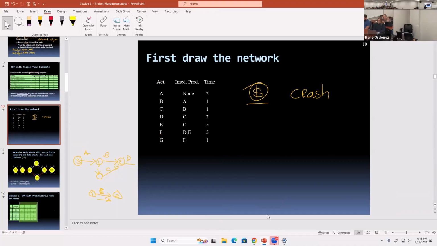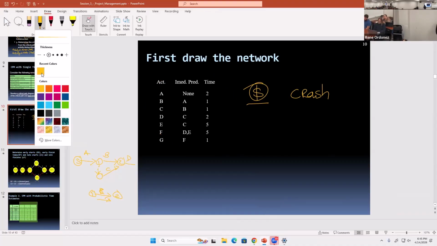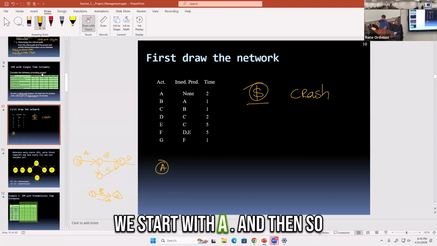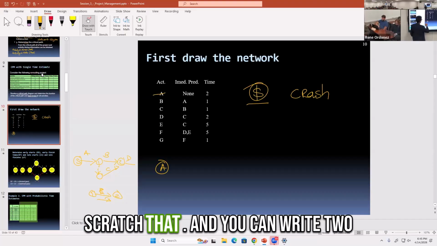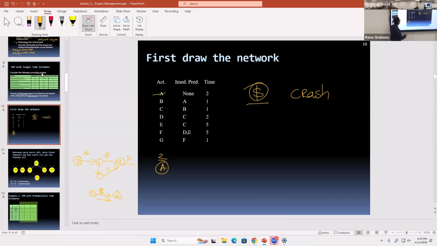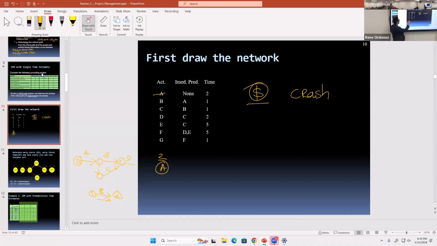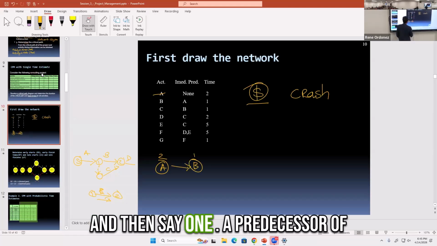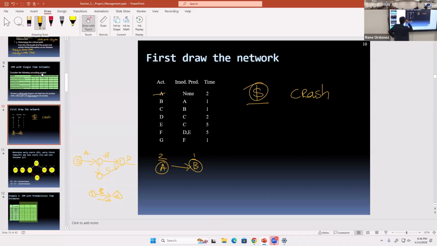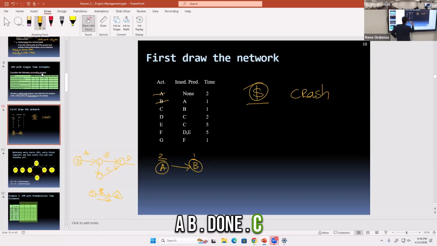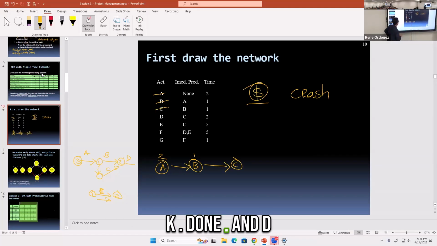So we start with A. For A, there's no predecessor, so we start with A. And then B says the immediate predecessor of B is A. And then for C, the predecessor is B. Okay, done.